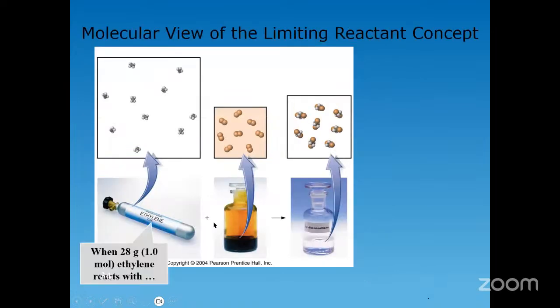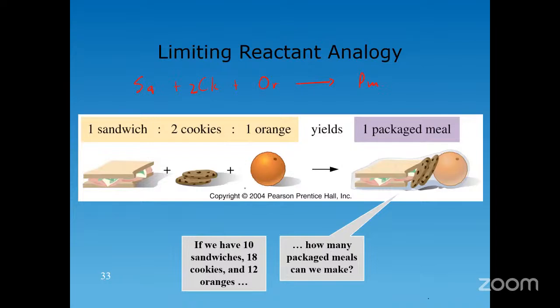So basically, we can set up a table which looks something like this. Originally, you have 10 sandwiches, 18 cookies, and 12 oranges, right? So basically, for every 18 cookies, I think I misspoke. I think you need 5 sandwiches, right? Because for all the 18 cookies used up, you're going to use up 5 sandwiches, leaving behind 5.